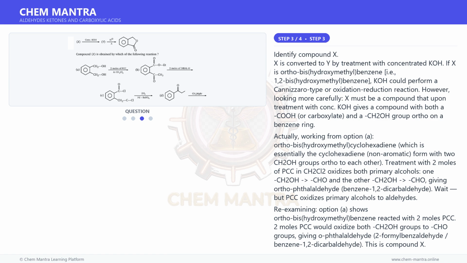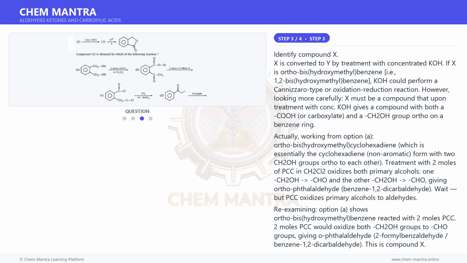to each other. Treatment with 2 moles of PCC in CH2Cl2 oxidizes both primary alcohols, one CH2OH and the other CH2OH, giving orthophthalaldehyde, benzene-1,2-dicarbaldehyde. Wait, but PCC oxidizes primary alcohols to aldehydes.